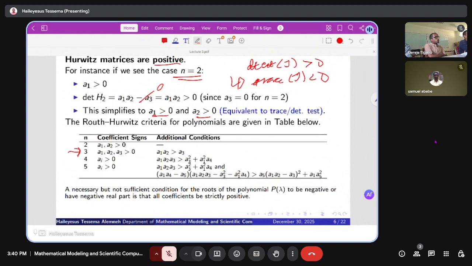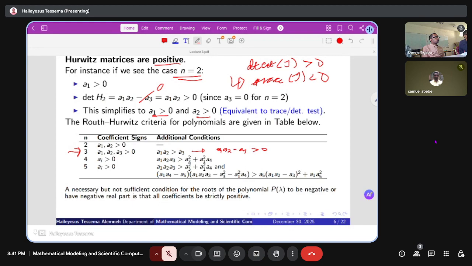And in addition to that, A1 times A2 should be greater than A3, or we can say A1 times A2 minus A3 should be greater than 0.